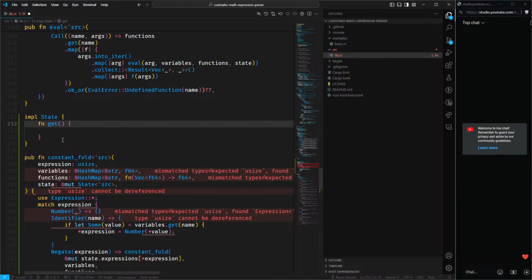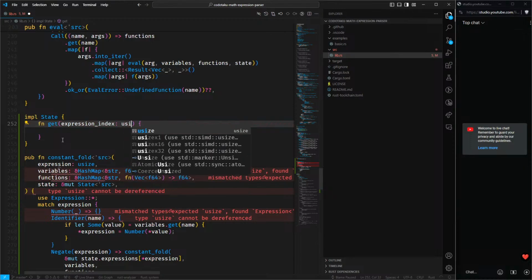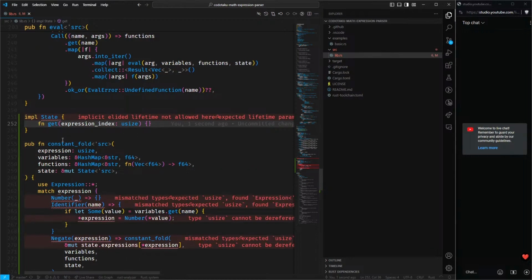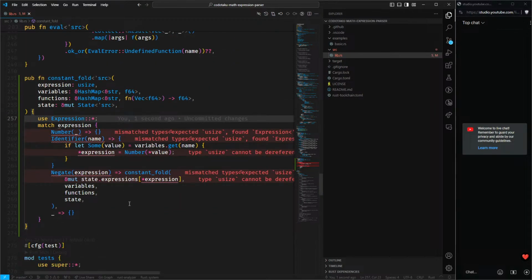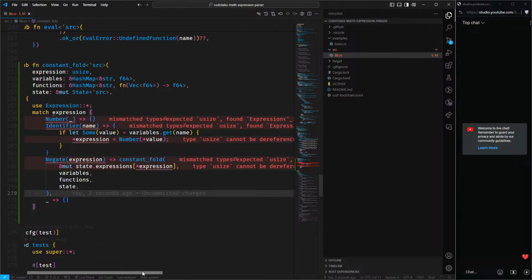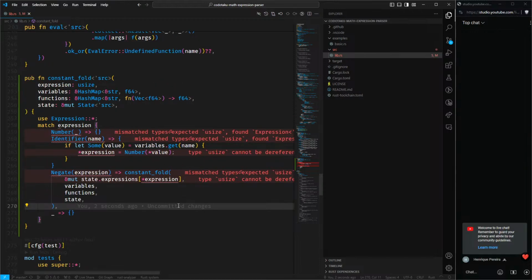You would basically get an expression index, it's gonna be usize, and it would give me back, well, it depends. Honestly, I'll just do it manually. I'd have to make multiple functions for every single case anyways. Type usize cannot be dereferenced.